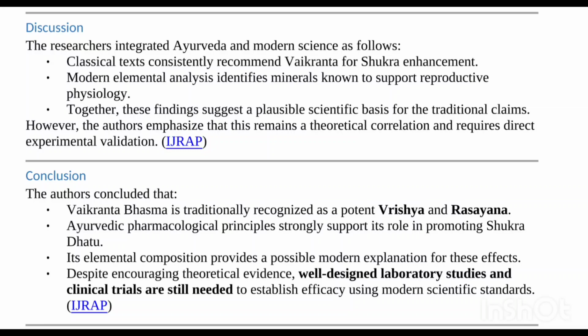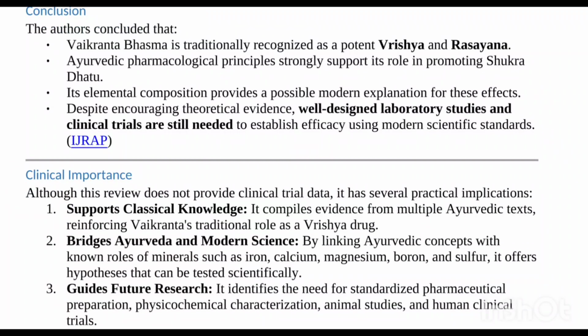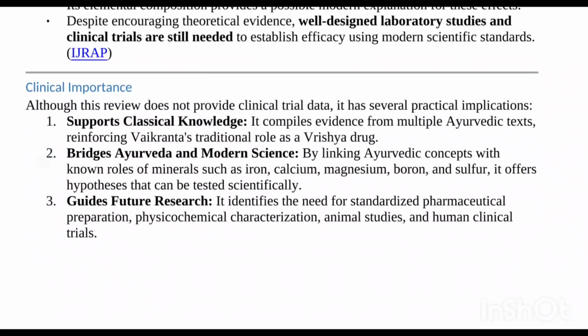So, to conclude, Vaikrant Bhasma is traditionally recognized as a potent Vṛṣya and Rasāyana Chikitsa, and Ayurvedic pharmacological principles strongly support its role in promoting Shukra Dhatu. Its elemental composition provides a possible modern explanation for this effect. Despite encouraging theoretical evidence, well-designed laboratory studies and clinical trials are still needed to establish efficacy using modern scientific standards.